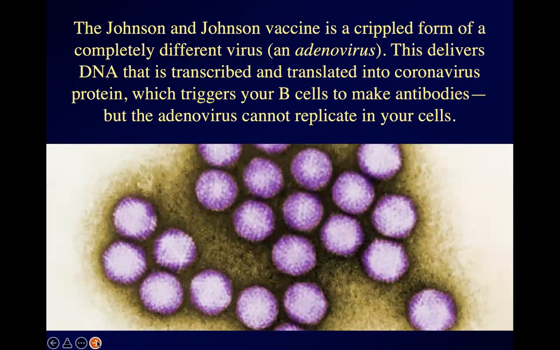The Johnson & Johnson vaccine is different. The Johnson & Johnson vaccine is actually a virus. It's a type of virus called an adenovirus. These are what adenoviruses look like. Each one of those little dots that I'm circling with the pen right now is a single protein.